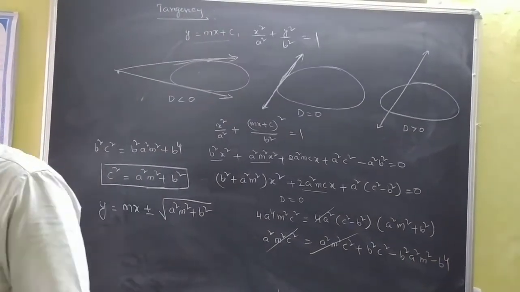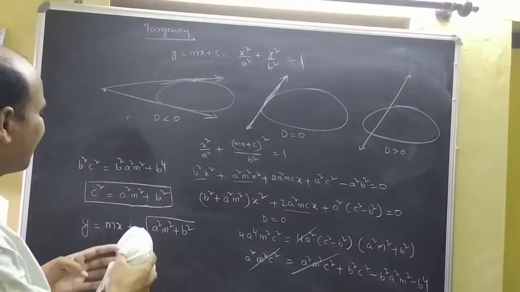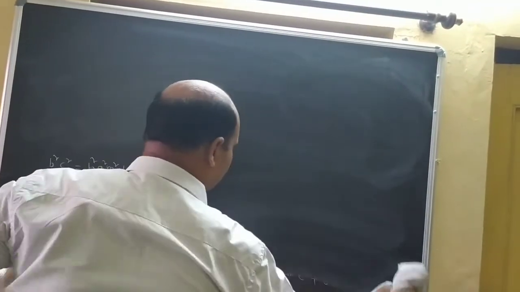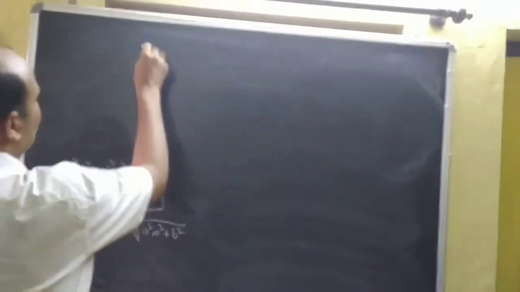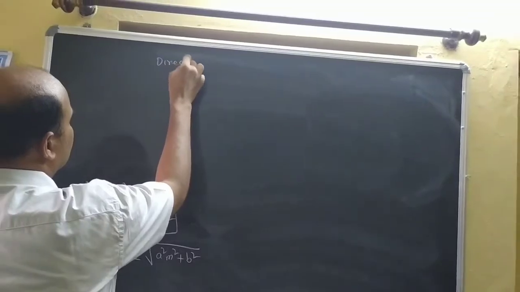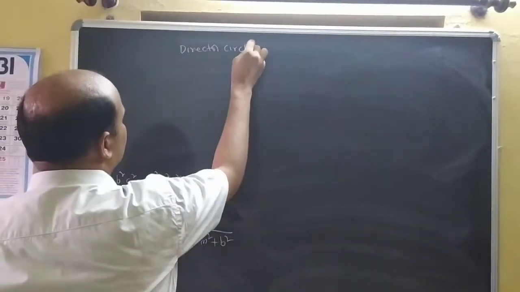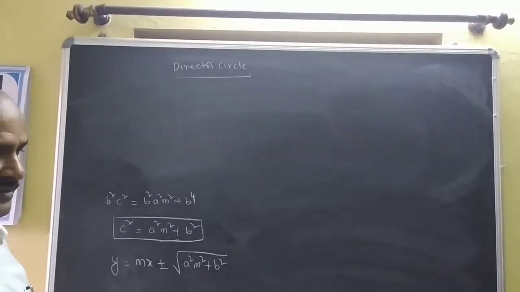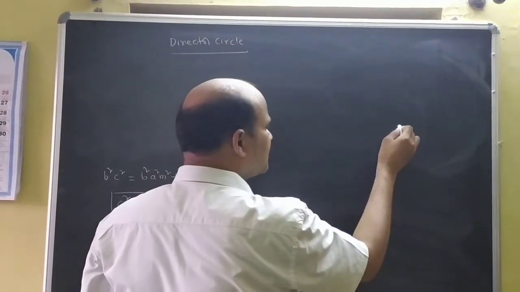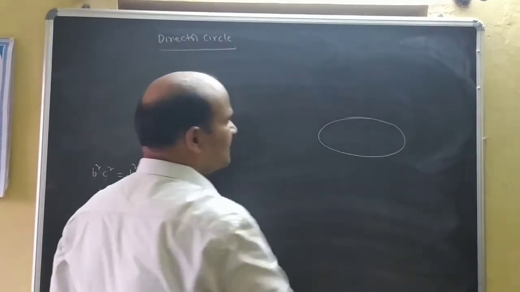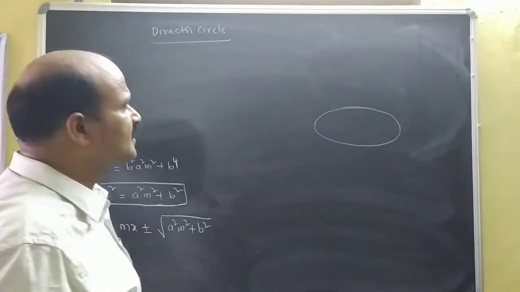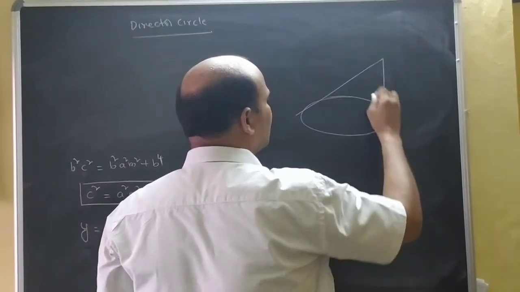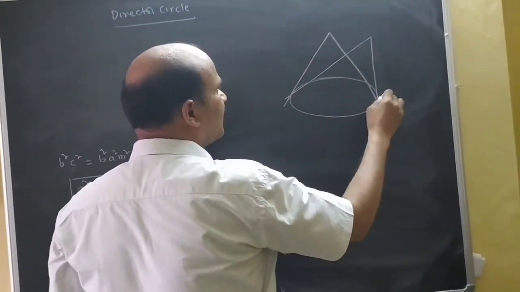So after this, we'll discuss the director circle. So what is the director circle? The locus of perpendicular tangents of an ellipse. So this is one pair of tangents, this is another pair of tangents.